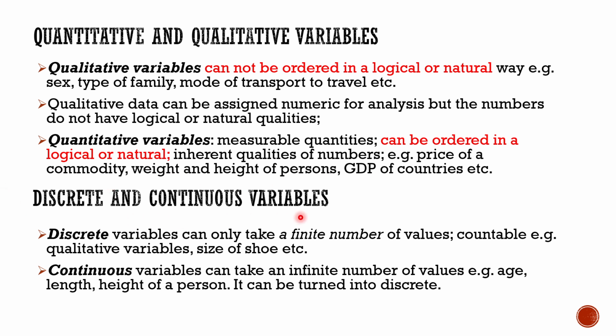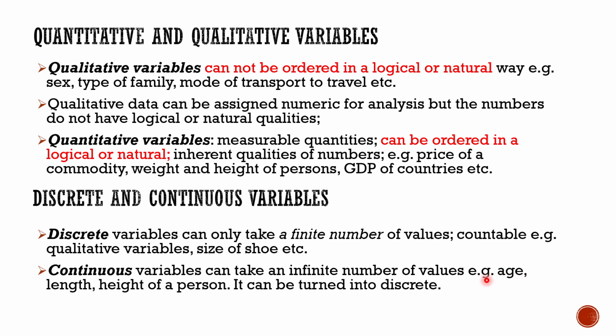Further, coming to what discrete and continuous variables are. The discrete variables can only take a finite number of values, or are sometimes called countable variables. For example, size of shoes, you can count them. As far as continuous variables are concerned, they can take an infinite number of values. For example, age.